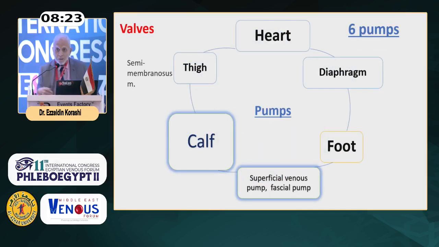The 6 pumps, all these pumps cannot work efficiently without the presence of valves. The big pumps are the heart, diaphragm, foot, superficial venous pumps, and the calf pumps, and thigh pumps lastly, and we'll have some words about each of these things.